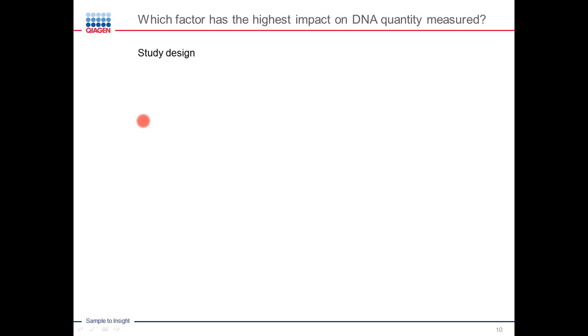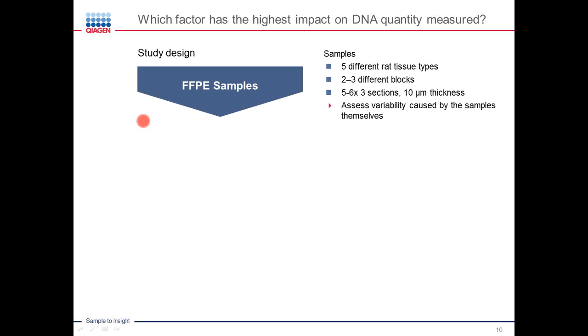What we did was obtain rat tissue samples from a cooperation partner. It was fresh tissue material that was fixed in formalin and transported at room temperature. After receiving these samples, we performed same-day dehydration and embedding in paraffin using an automated system, namely the Leica TP1020.